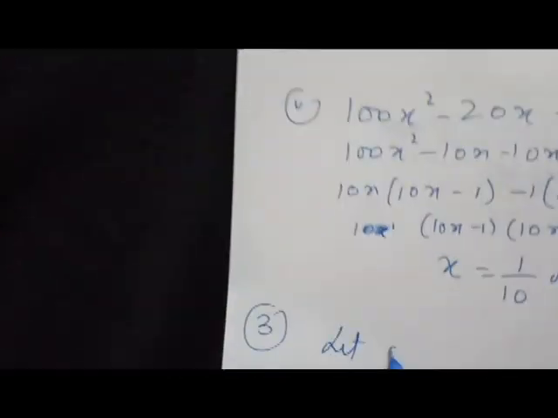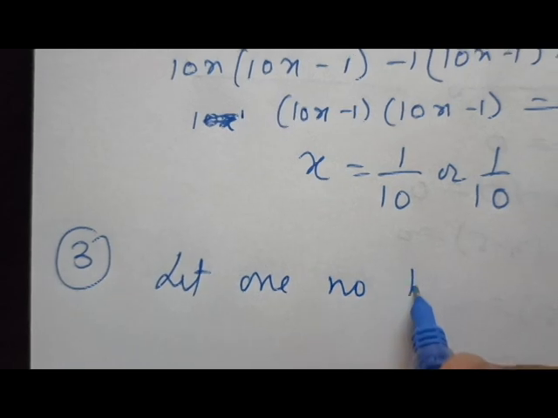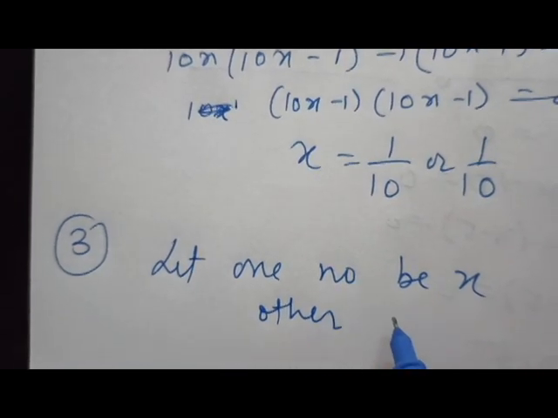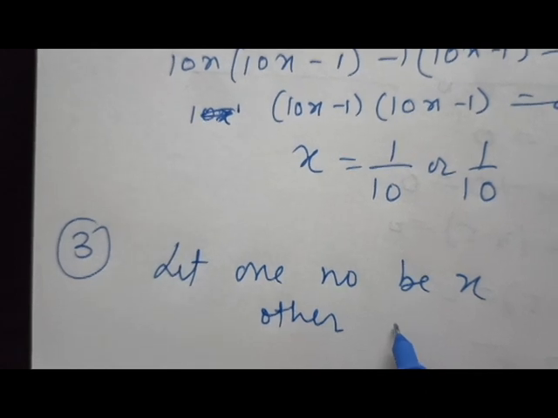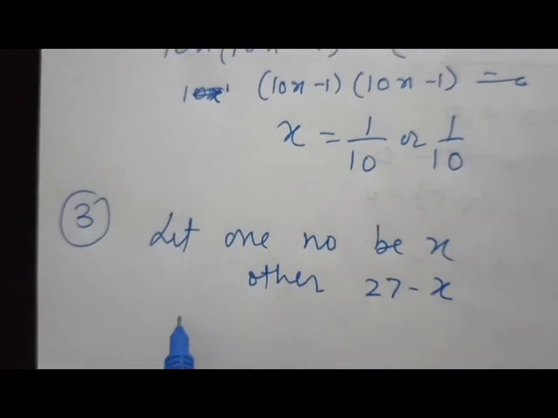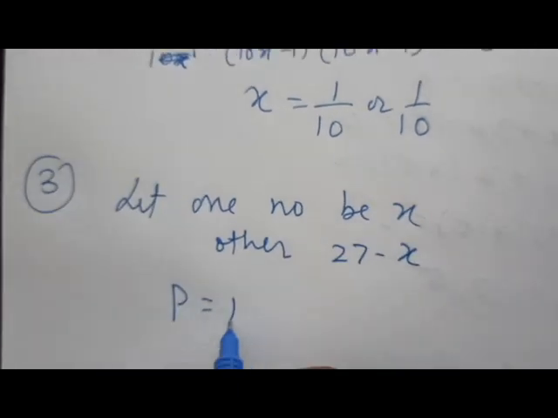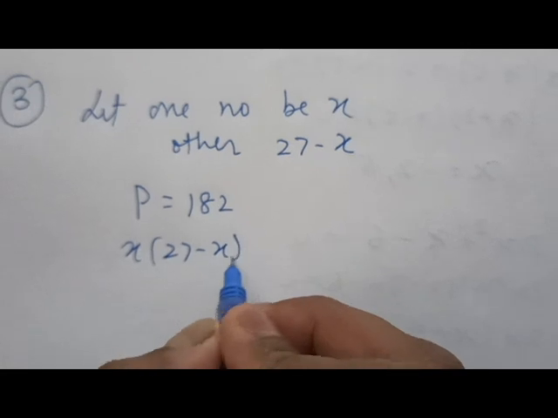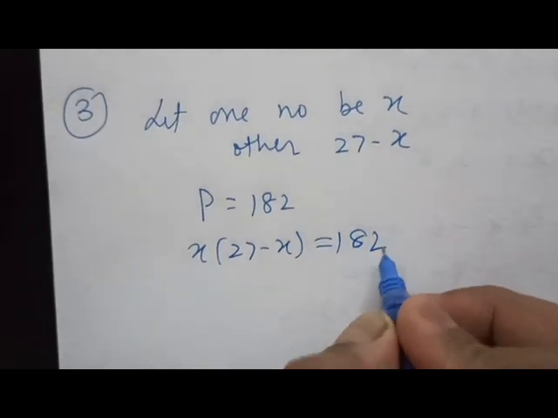So we say let one number be x and the other number, because it's saying sum of the numbers, other number will be 27 minus x. Their product is given as 182. So x into 27 minus x gives you 182.